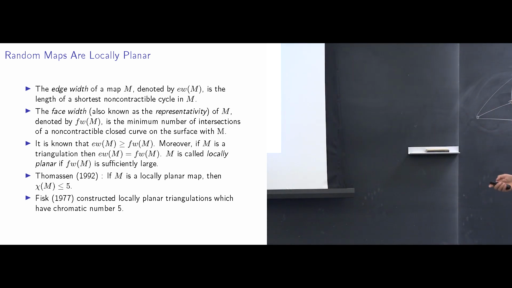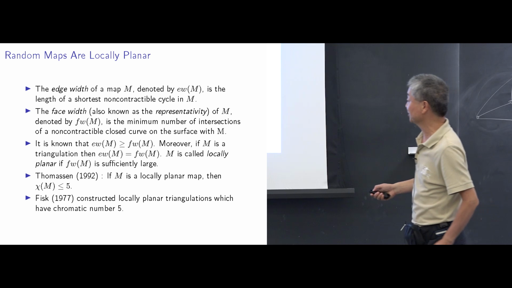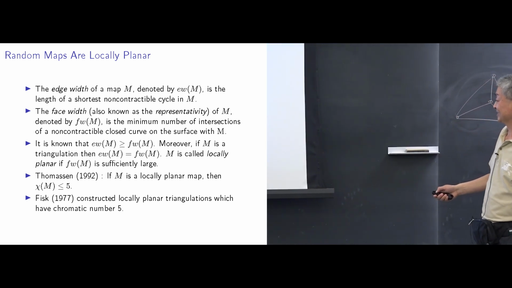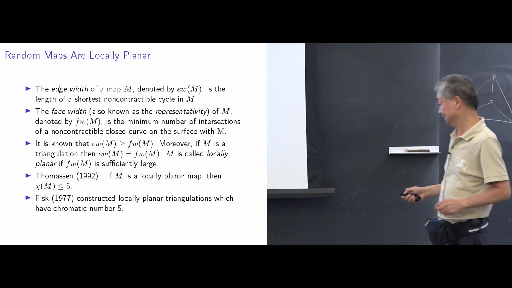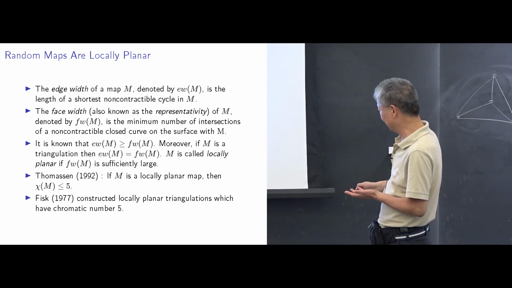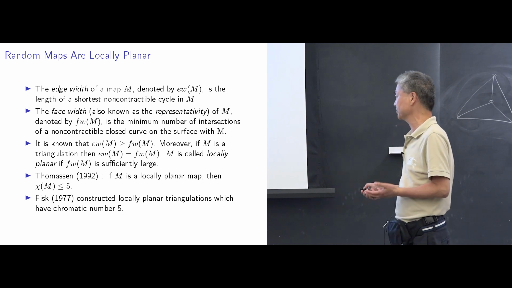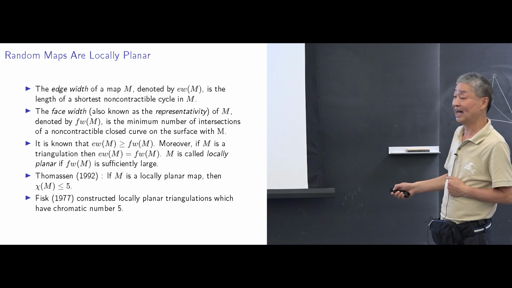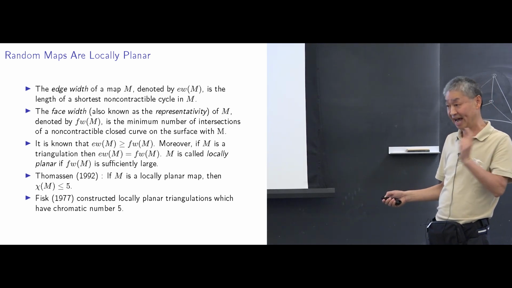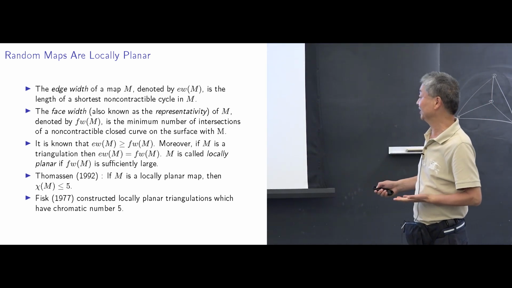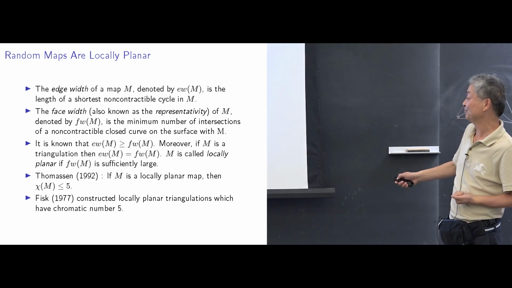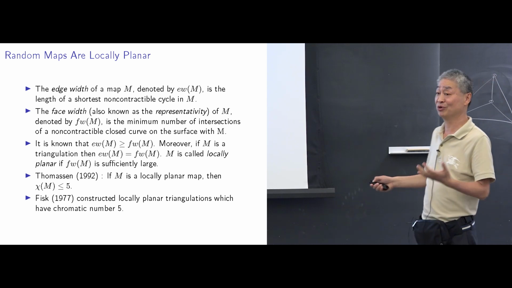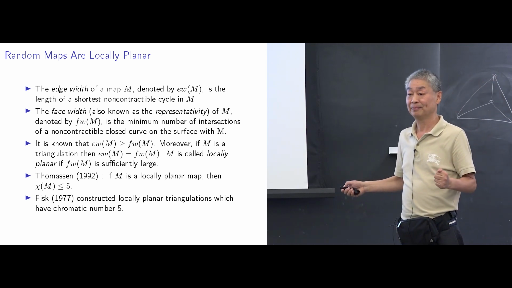And then I should mention here Fisk, 1977. He constructed many locally planar triangulations on any given surface which require exactly 5 colors. So the chromatic number is actually equal to 5, in the sense that you cannot go down. You cannot say that a locally planar map is 4-colorable. That's not true.